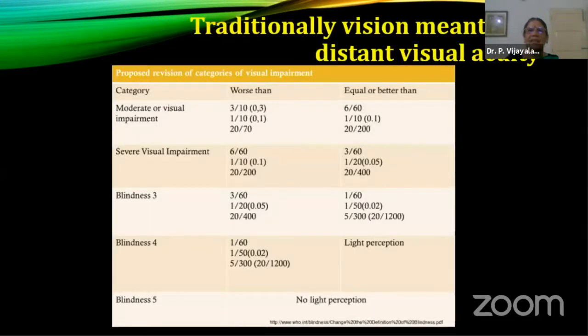Earlier, traditionally, visual acuity meant only distant visual acuity. We did not even mention near vision. We just said distant visual acuity, and with that alone the whole certification of blindness was put in place.